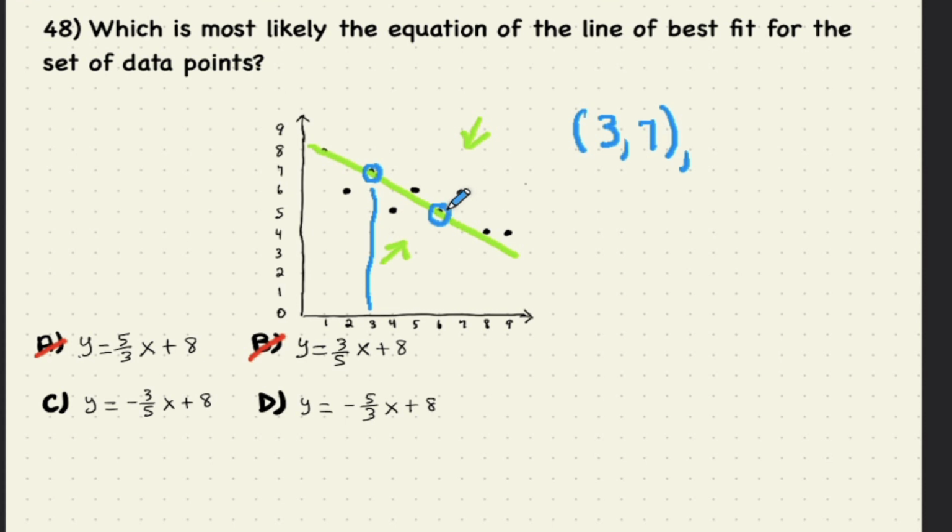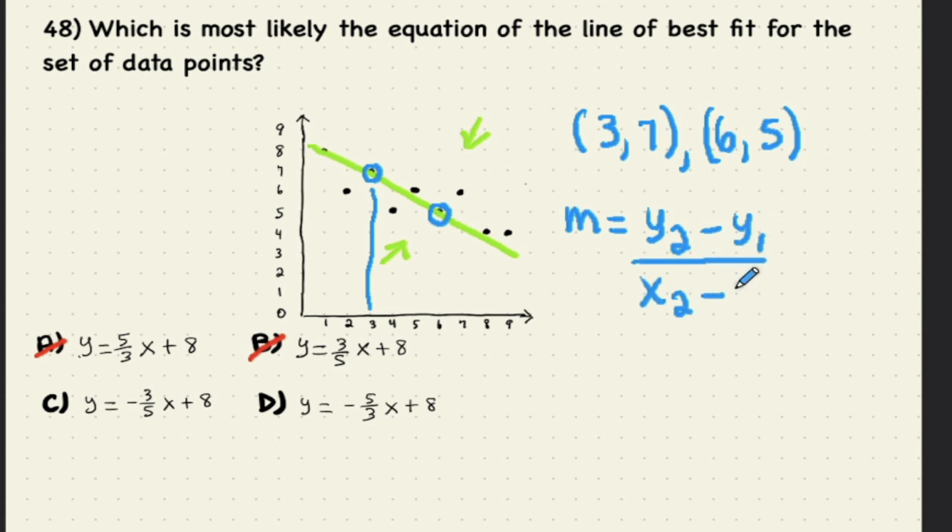And the second point right here is at 6, 5. So 6, 5 is here. So the slope equation, m is y sub 2 minus y sub 1 over x sub 2 minus x sub 1. So we can go ahead and plug in these values where the variables are.